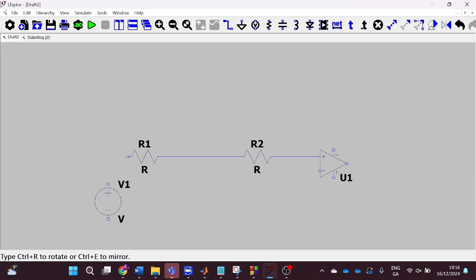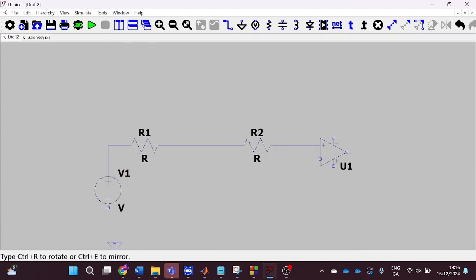Don't forget a voltage source as well. For this, this is what we're going to use to generate the step even. And ground that also.